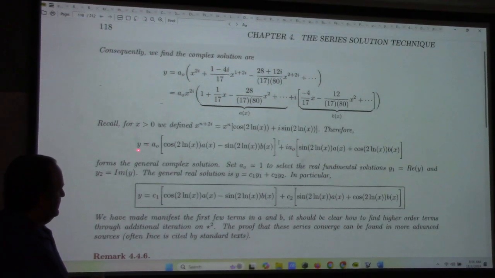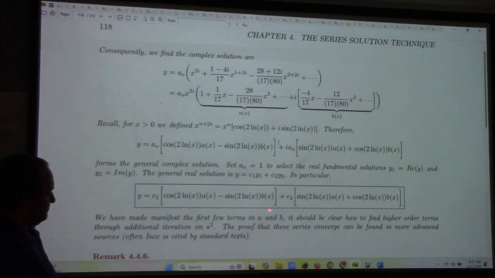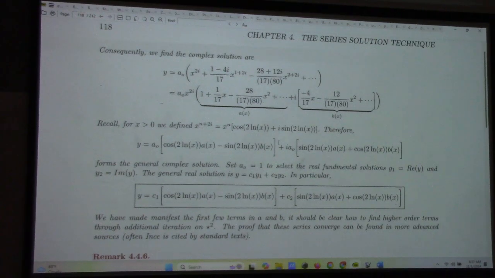So when I multiply out the complex solution, I can write it like this, and then this is the real part, and that's the imaginary part, and so my general real solution has this form. All right, I've only found the first couple terms in a of x and b of x in this problem. They're up here.